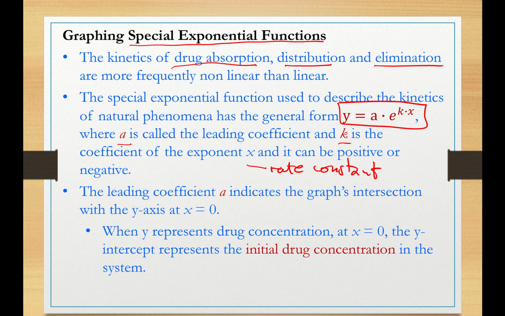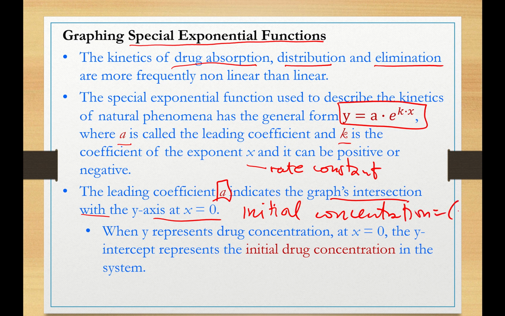Now the leading coefficient a indicates the graph's intersection of the y-axis at x equals 0, and sometimes this is the initial concentration, which is called C0. This is very, very handy because you could curve fit your data and identify the initial drug concentration.